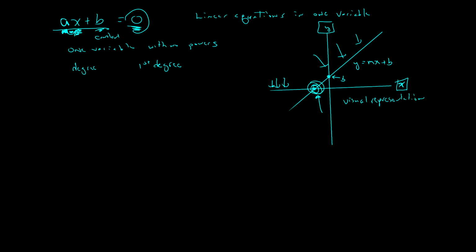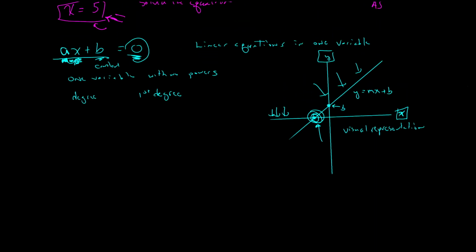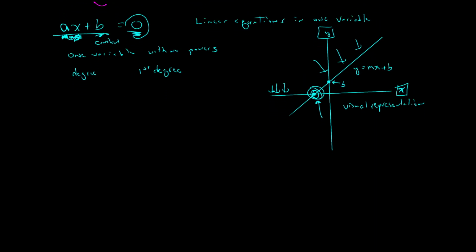And so to start on our journey for that, we're going to look at linear equations in one variable. And in doing that, they have x to the first power. So what we want to do is find all of the values for which the equation is true.